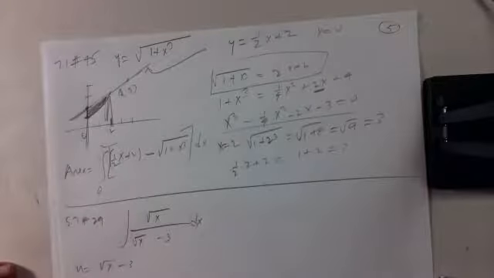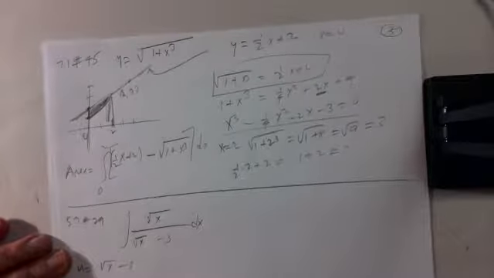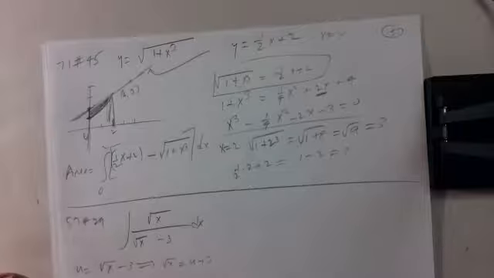Or another way to write that is dx is 2 times the square root of x du. This says the square root of x is u plus 3. So this is 2 times u plus 3 du.